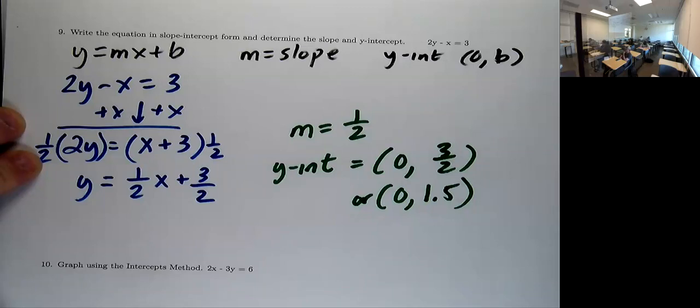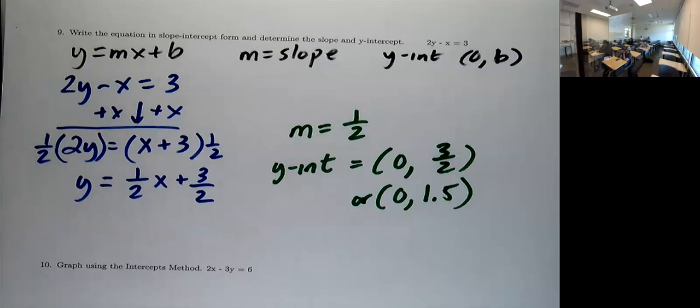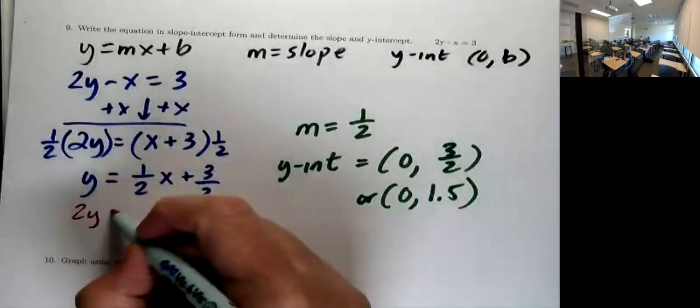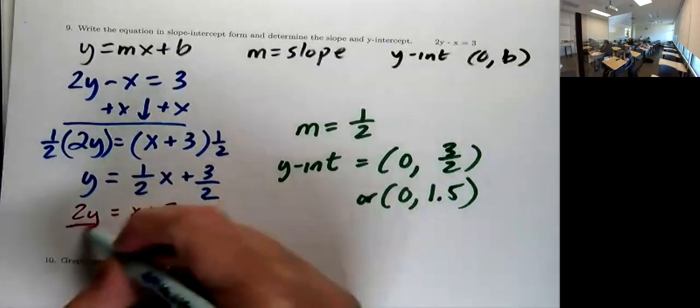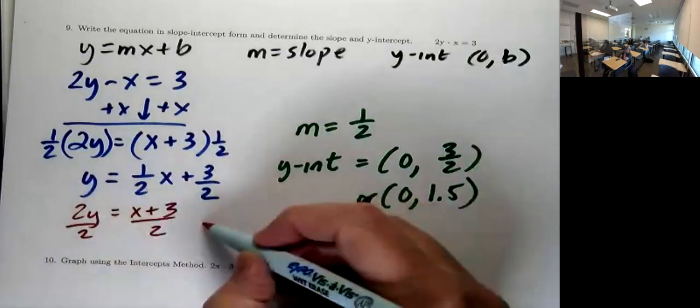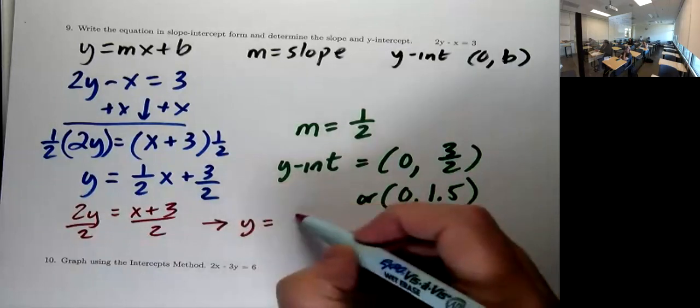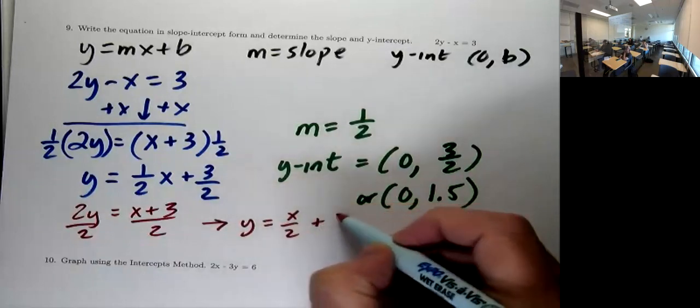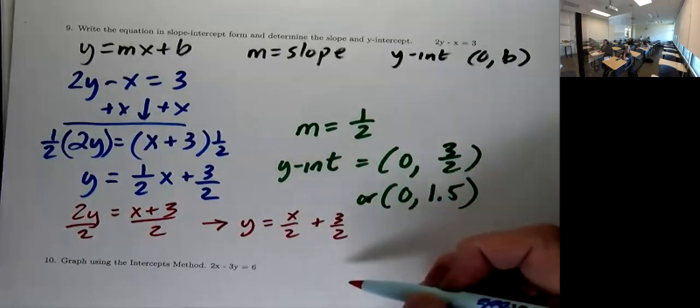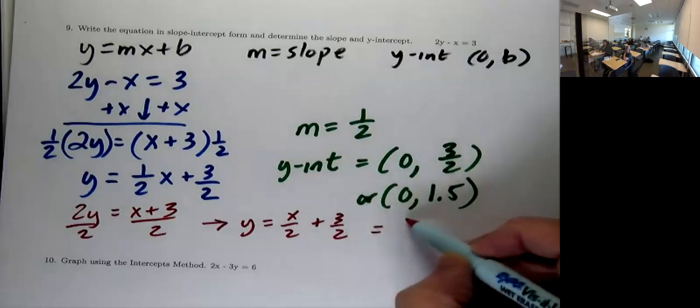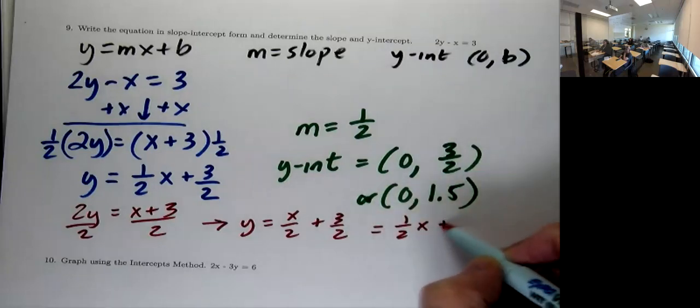If you wanted to divide by 2, it's going to get you the same answer. If I had divided by 2, I get y equals x over 2 plus 3 over 2, which is the same thing as saying 1/2 x plus 3 over 2.